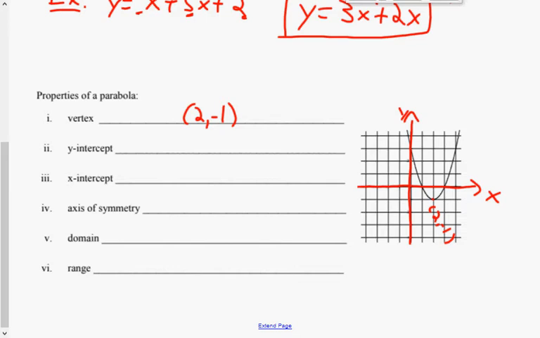Okay. My y-intercept is at 1, 2, 3. There's 3. My x-intercepts are at +1 and +3. Okay. My axis of symmetry, remember, that's just the x value of the vertex.